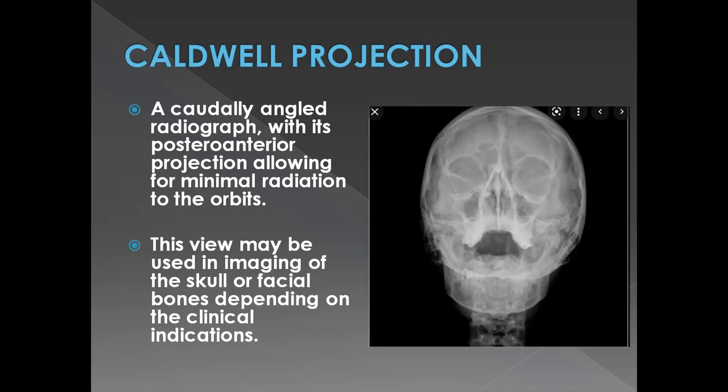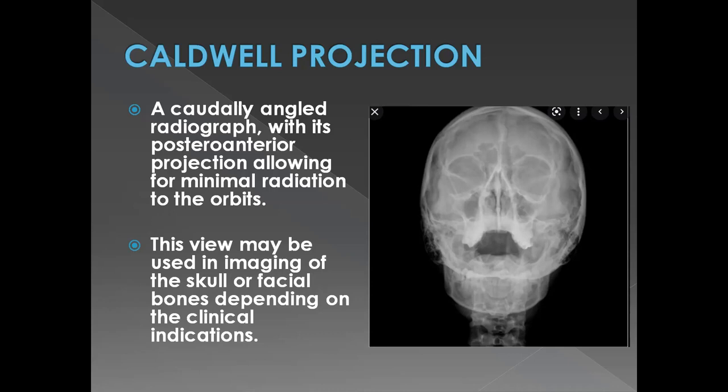Well, the reason is that if you put the X-ray beam in front of the face, then the eyes and the orbit are getting a lot of radiation. So we basically don't want to cause radiation-induced damage to the eyes. All right. So that's why in all the cases that you will see, the X-ray has to be taken from posterior so that a minimum amount of radiation is actually transferred to the eyes.